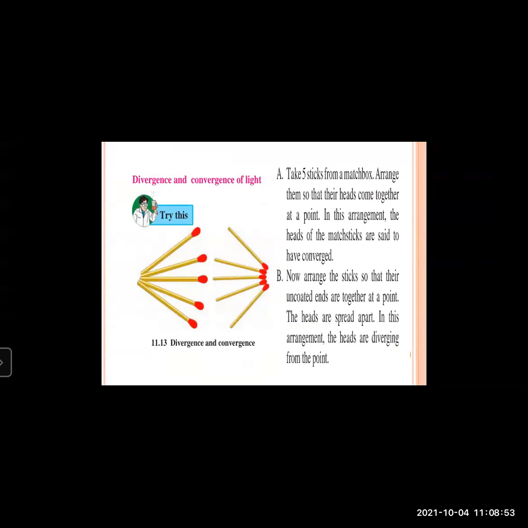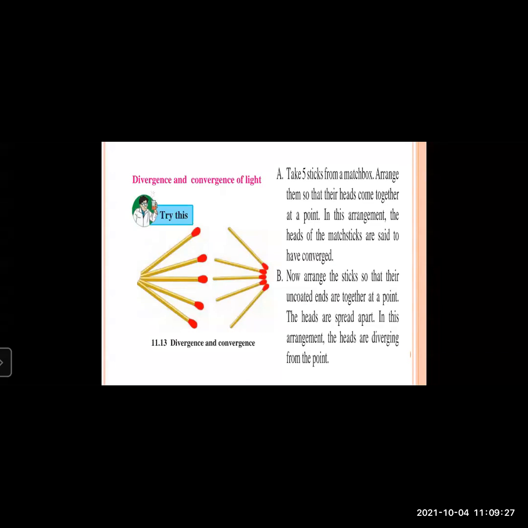In one figure, the red headed portion is arranged so the heads are outside, and in the second image, the heads are concentrated, converging at one point. They are trying to get towards one single point.